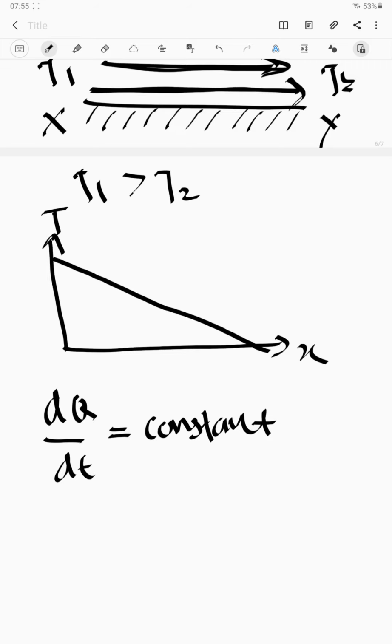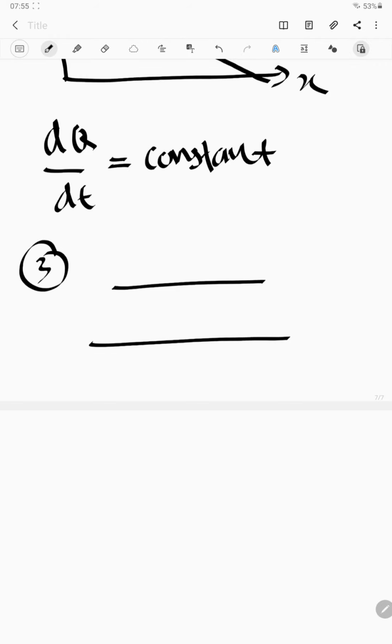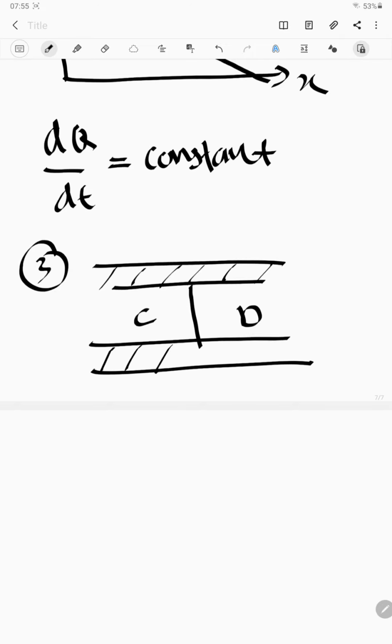And then yang ketiga, kita ada metal bar, tapi yang ni kita ada dua. Kita ada material, contoh material C dan juga material D, and then kita balut dia dengan insulator.